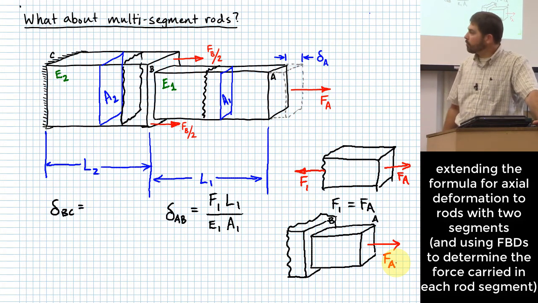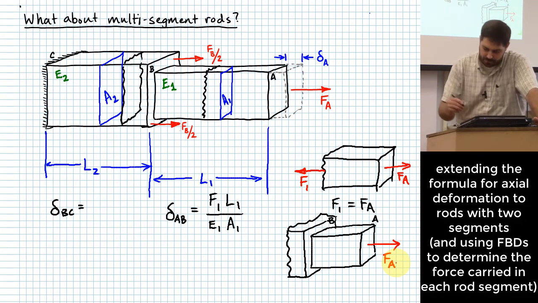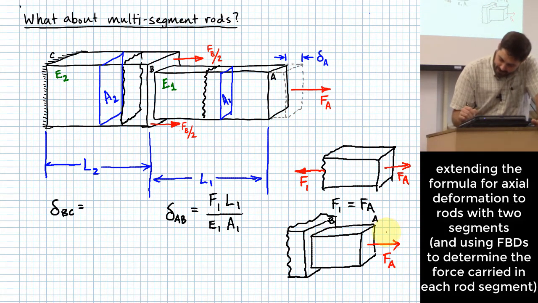So what would the total force be that would be acting at B then? 2 times FB over 2 would be just FB, okay? So figured I'd explain that. All right, so let me put those on here, FB over 2 and FB over 2.